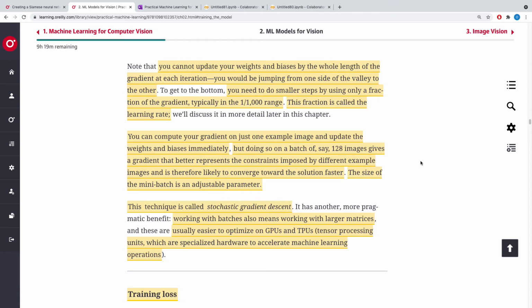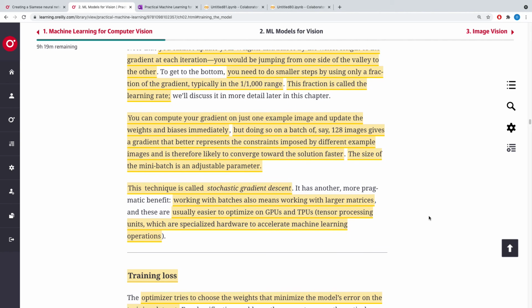In your feed forward network, in your training, the first batch is 128 samples. So your network is going to fit all the 128, trying to learn what is common to all those 128 images, rather than just learning what is common to one image. So that gives a better convergence to the global minimum.